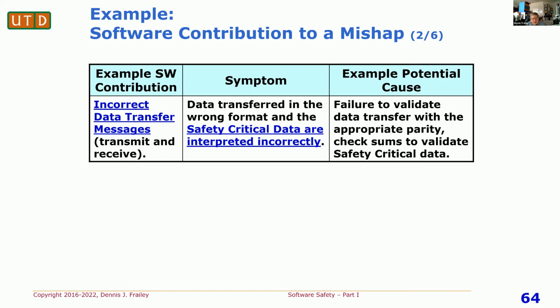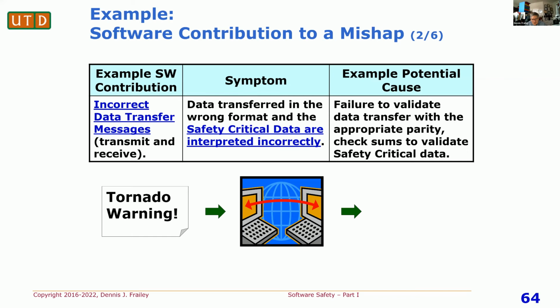All right, the second example is incorrect data. You transmit data that has an error in it. And the interpretation of the data might lead to an incorrect consequence that might do somebody some harm. For example, you send a tornado warning, but it gets misspelled and it gets received as "to-do warning," and the person on the other end says, what is that all about?